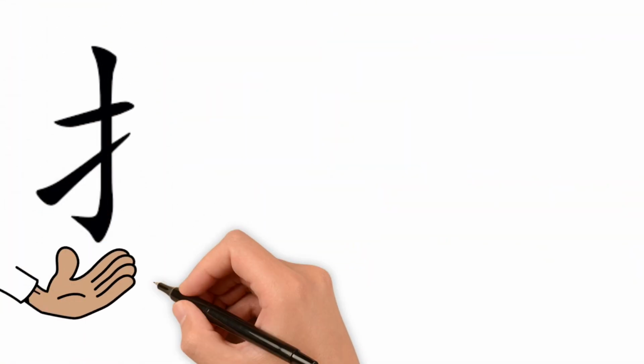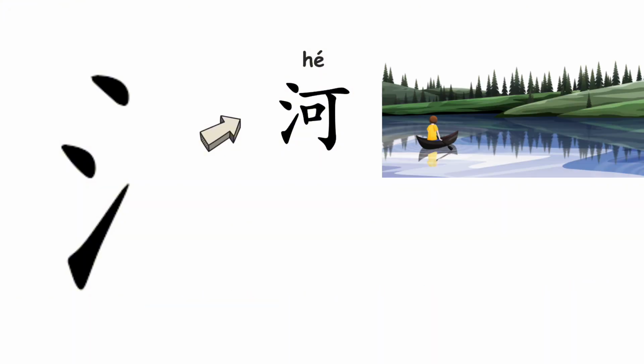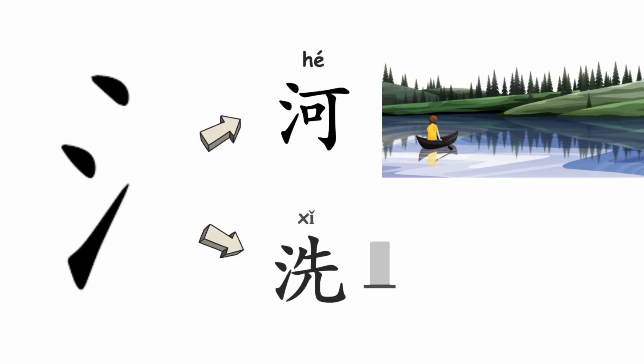It comes from the character 手 and shows up in action words like 打, hit, 找, look for, and 推, push. And of course, the water radical, 三点水, three dots water, often appears in characters related to water, such as 河, river, and 洗, wash.